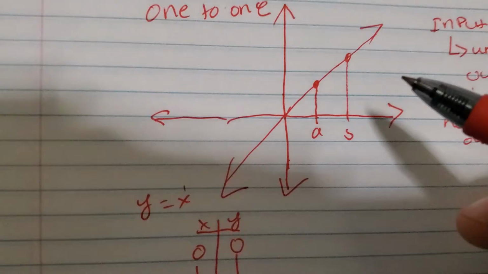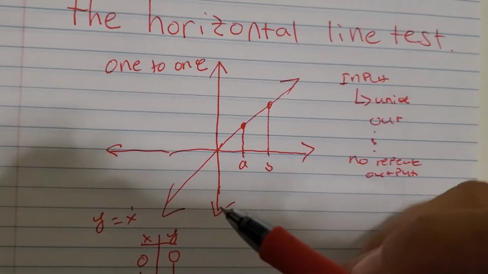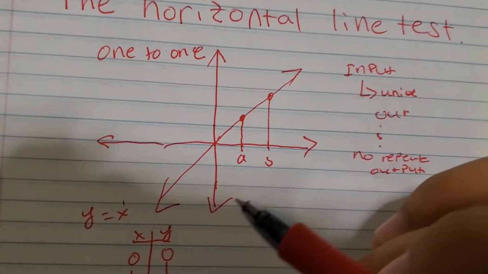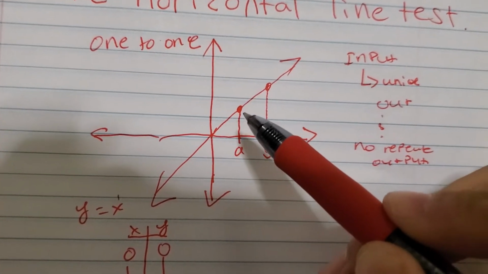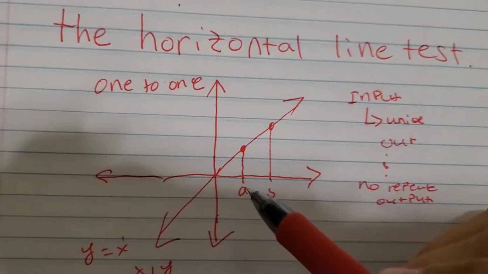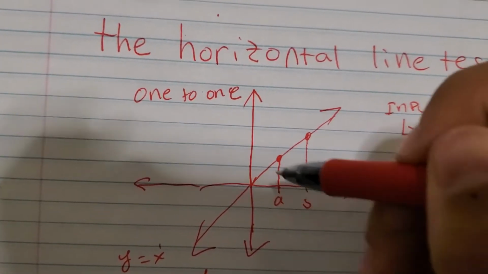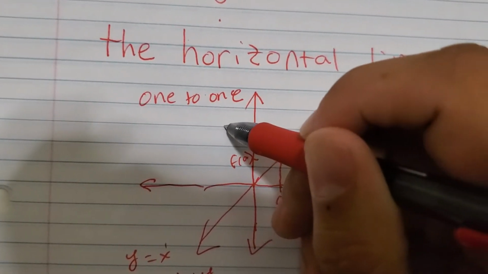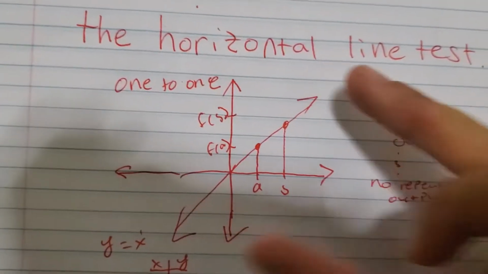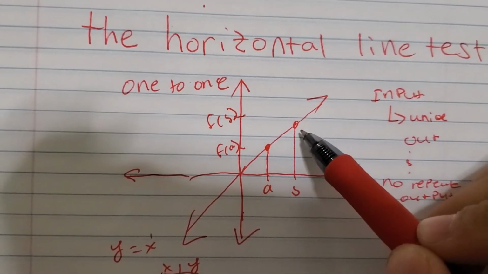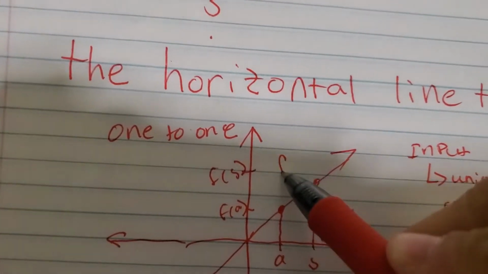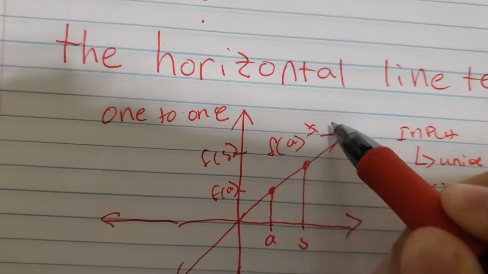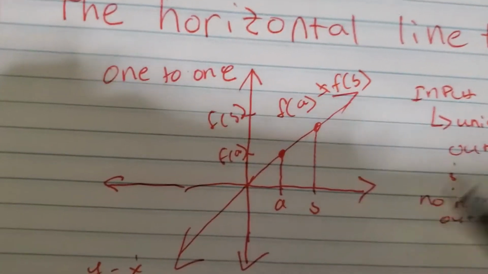So if at A we have f of A, and at B we have f of B, these values are different, and f of A cannot equal f of B for it to be one-to-one.